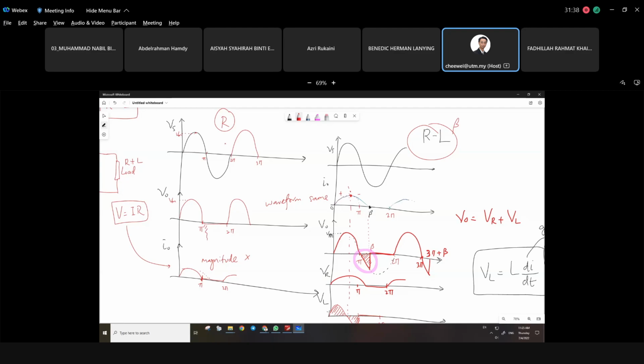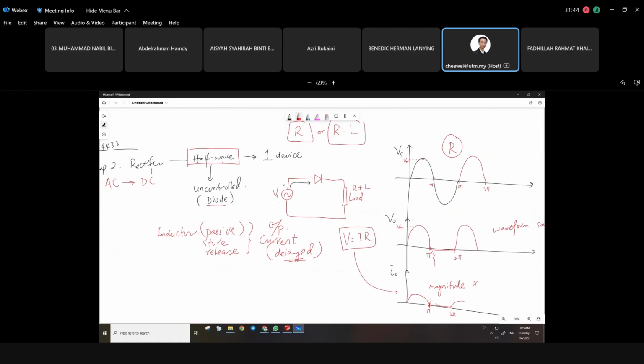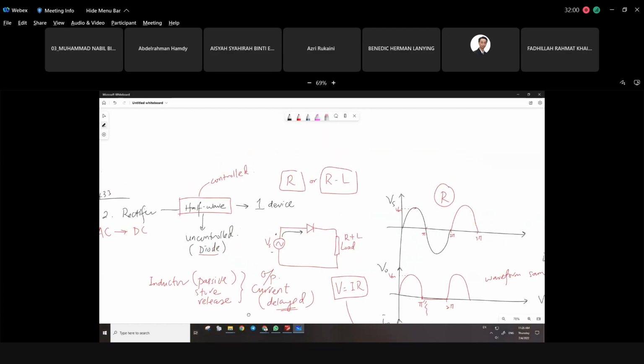Okay, that is for the case of half wave uncontrolled using diode. What about if we have half wave and it becomes controlled? If it is controlled, what device do we use? We can control, right?